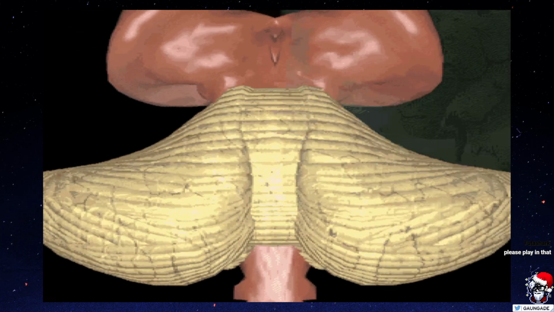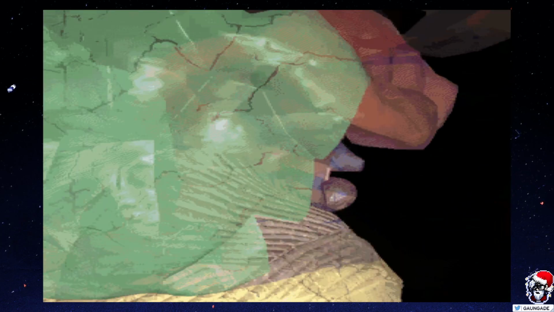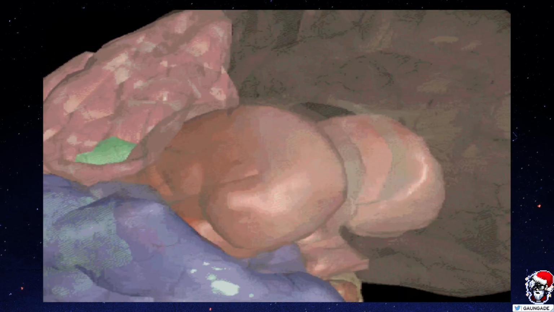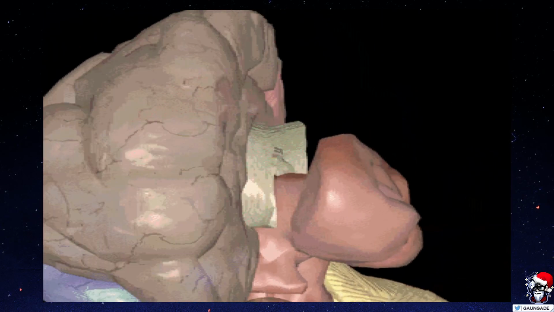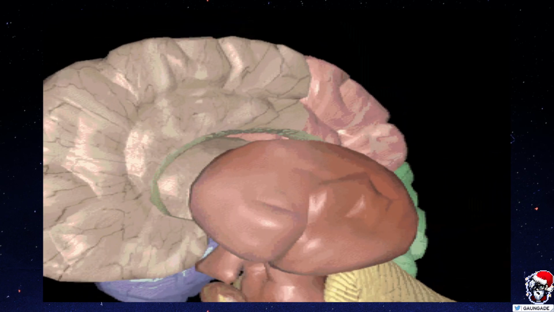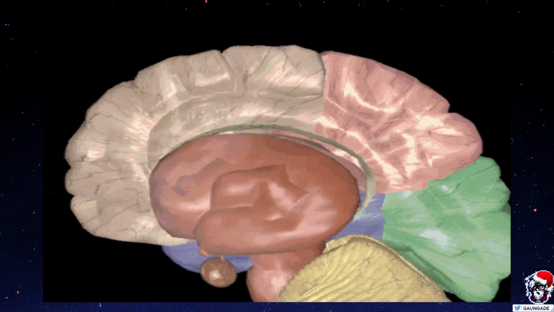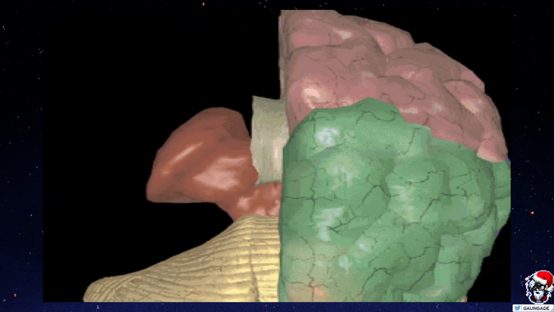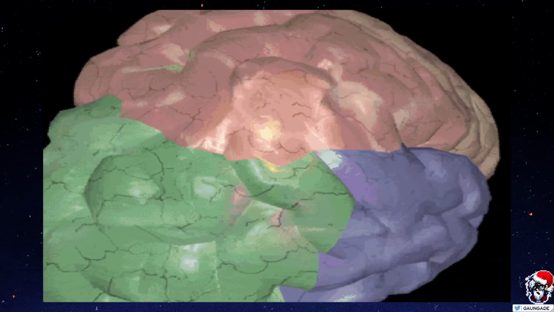Cerebellum. Occipital lobe. Holy shit. Parietal lobe. Temporal lobe. Constructing the brain. Frontal lobe. Stop! Only I have the brains to rule like that. Oh, thank God they only finished half of it.